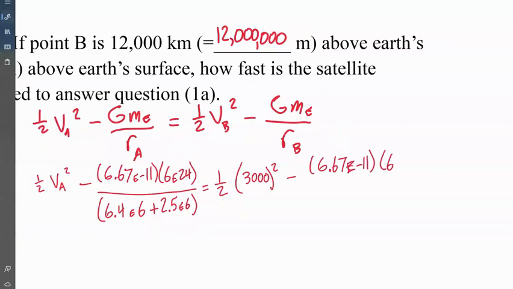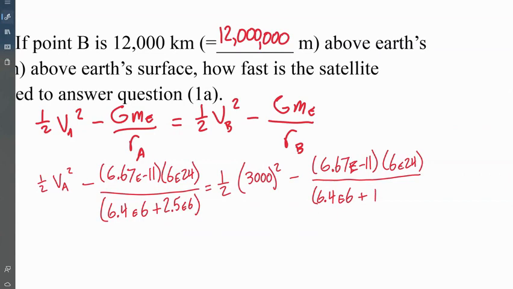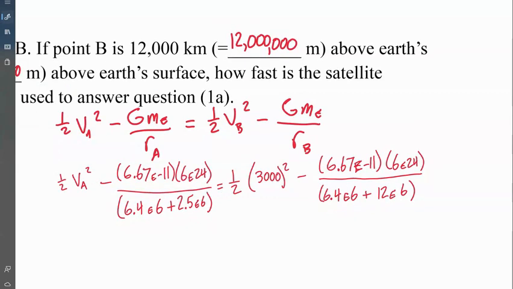Mass of the Earth is 6 times 10 to the 24 divided by, okay, and then R added for radius of B, the radius of the Earth, 6.4 times 10 to the 6th meters, and distance above Earth's surface is 12 million, so 12 times 10 to the 6th, so we add those together.